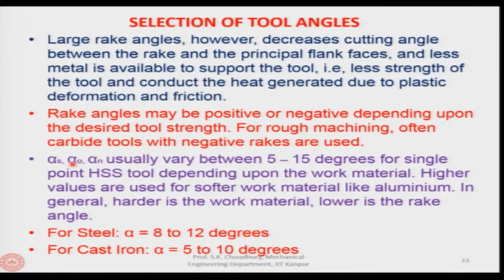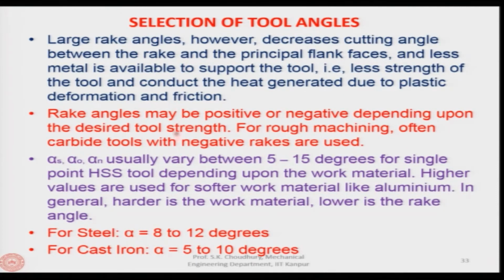Side rake angle, orthogonal rake angle and normal rake angle usually vary between 5 to 15 degrees for a single point high speed steel tool, depending upon the work material. See, 5 to 15 is a wide range; of course, it can be 5, 6, 7, whichever.